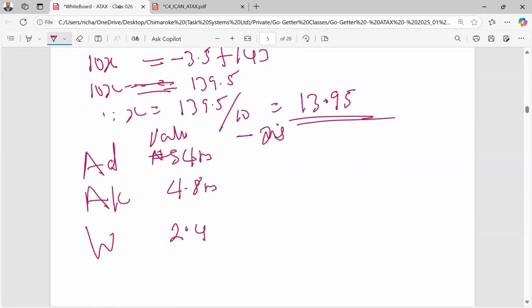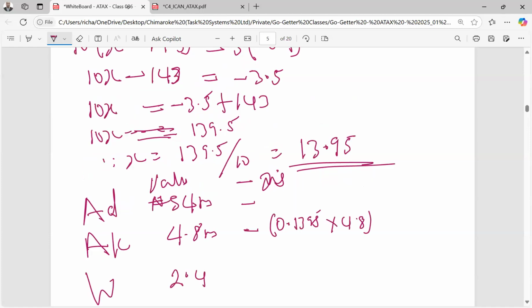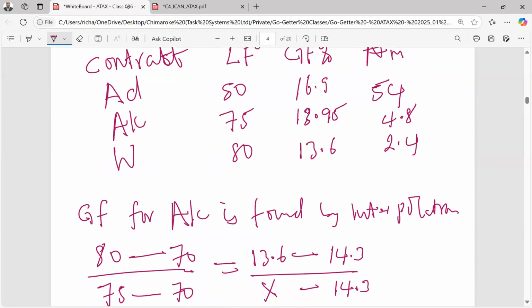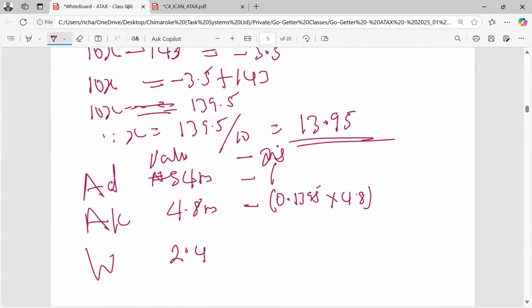I'll come here. Minus 0.1395 times 4.8. So I've looked for 13.5 of this. This is going to be the discount here. We got that one straight. This is 16.9. 0.169 times 54.